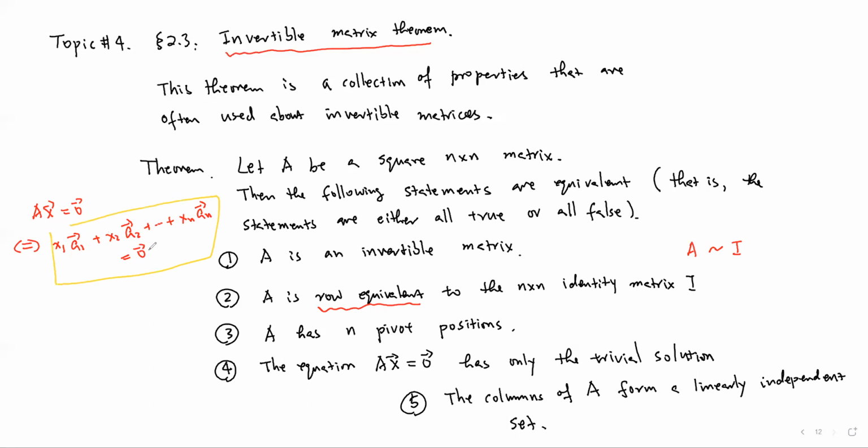If this equation has only the trivial solution, then the set is linearly independent. From statement 3, we assume this equation has only the trivial solution. Therefore the vector equation has only the trivial solution, and the columns of A form a linearly independent set.